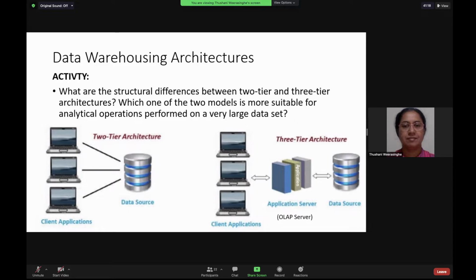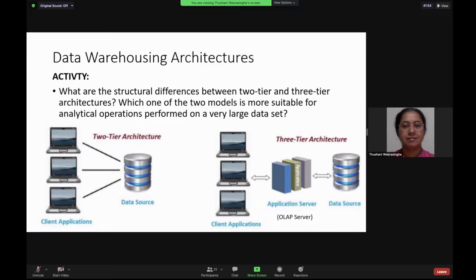So when we say why we want to have a three-tier architecture for a data warehouse, yes, security is one aspect.